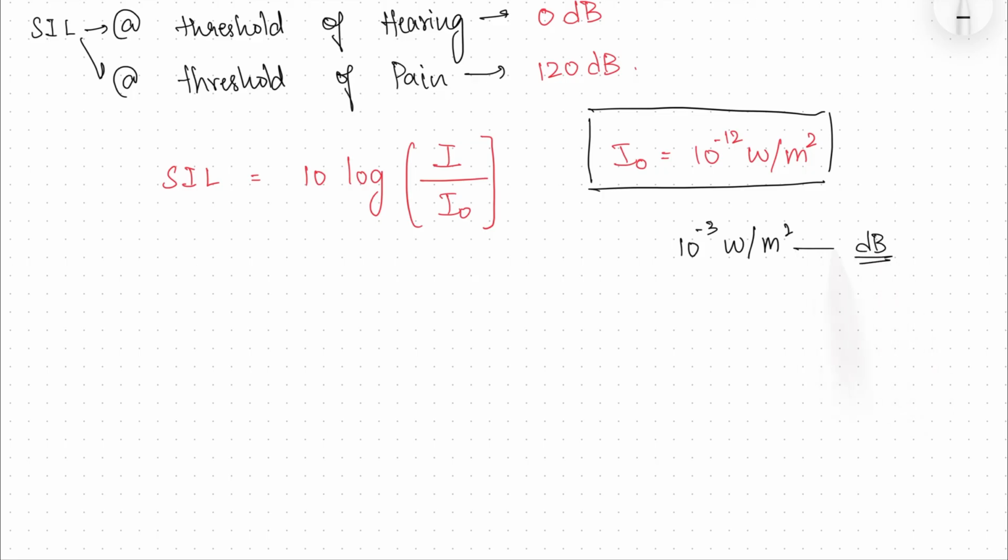So you put 10 log of 10 to the power minus 3 divided by 10 to the power minus 12, and you calculate and get an answer.